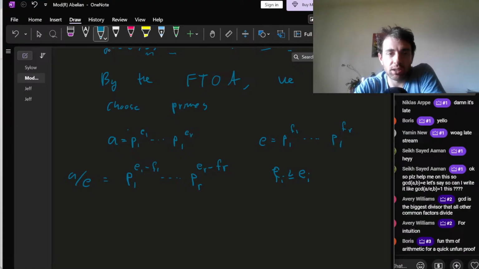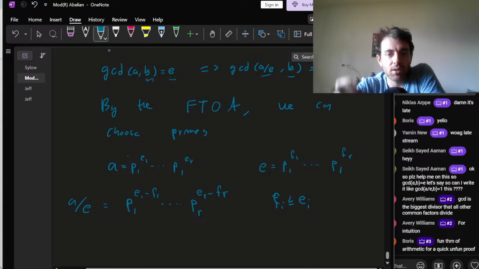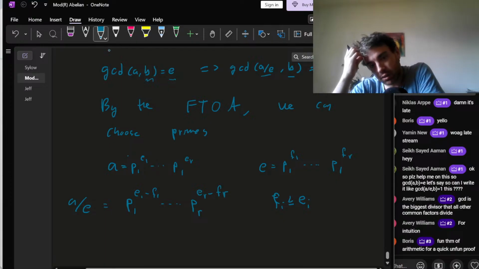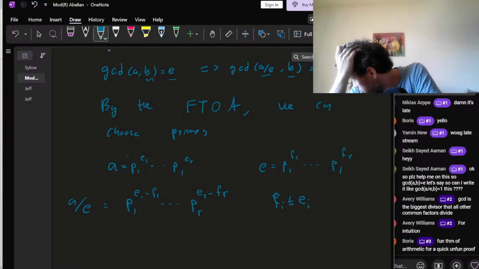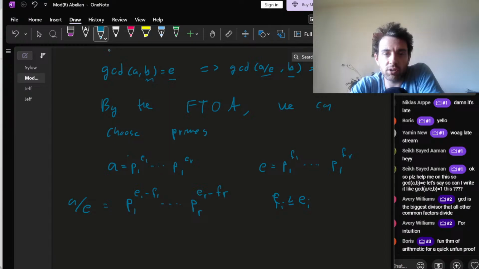Right? And then you argue that, you suppose you have some P that's a common divisor of A over E and B. And yeah, let's see. E is the GCD. Oh, right. Yeah, maybe there's an even easier way to do this.